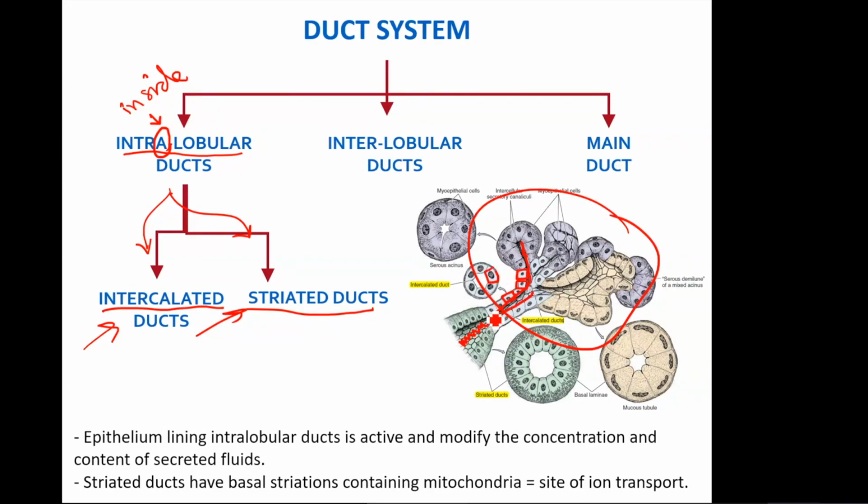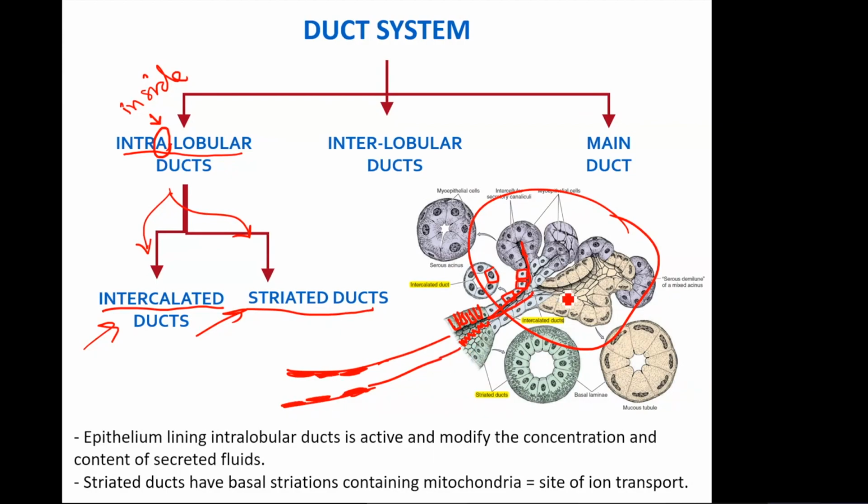But they start to become like transitional or change into columnar in the striated. Once you go to the main ducts, lastly, the main duct will be stratified squamous epithelium. So it changes as you go, right?